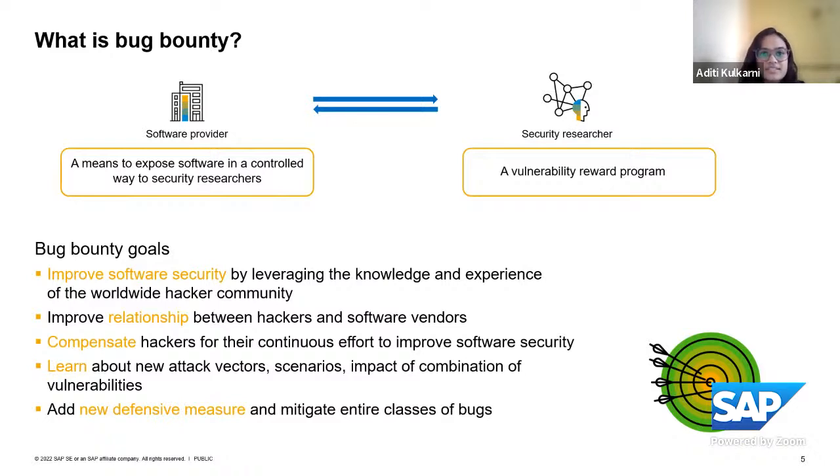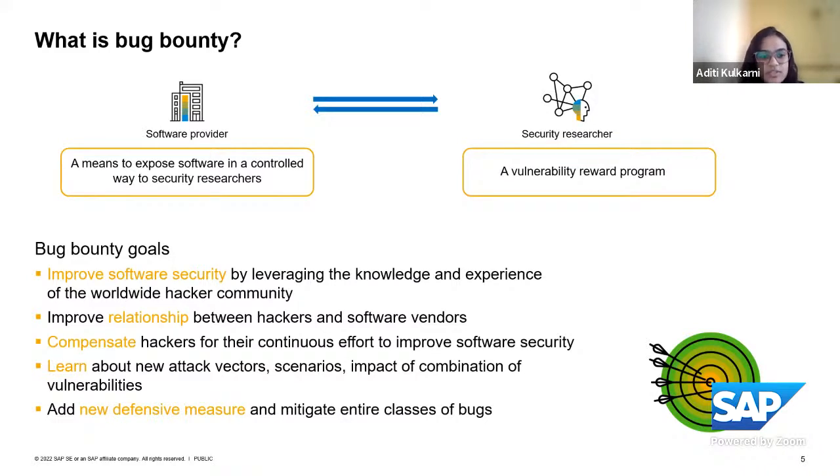There are certain agreements between the hacker and the software vendors, and of course the hackers are compensated for their efforts, not just in providing the proof of concept of the finding, but also in explaining certain things and giving more examples and insights into that particular finding.